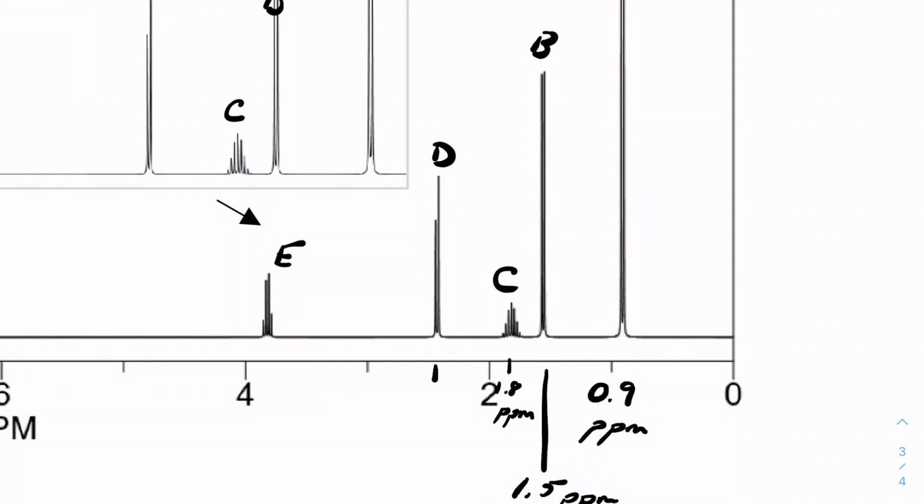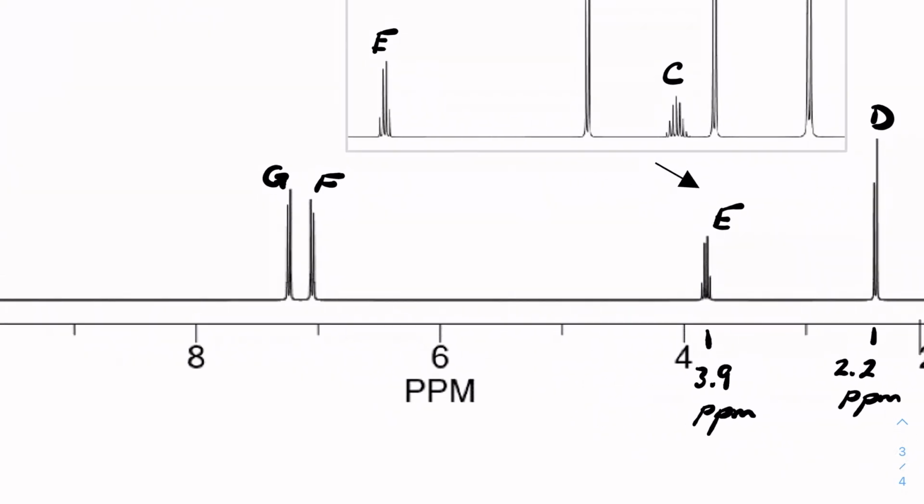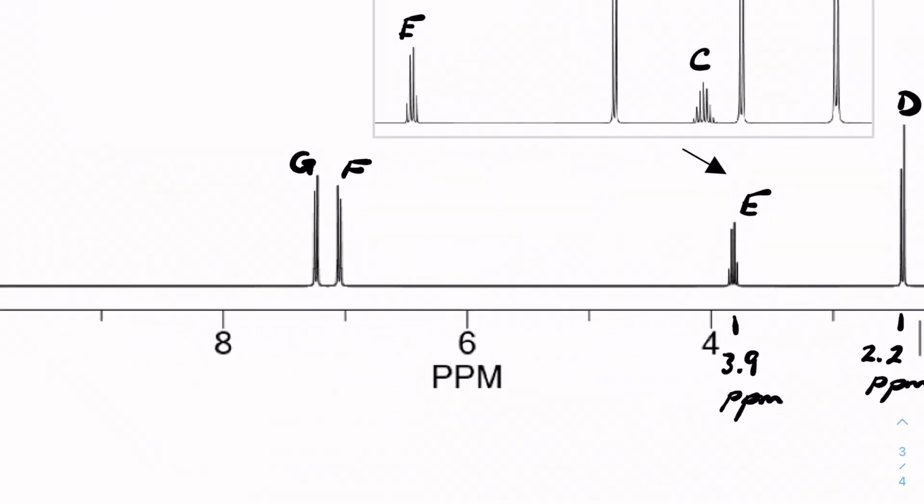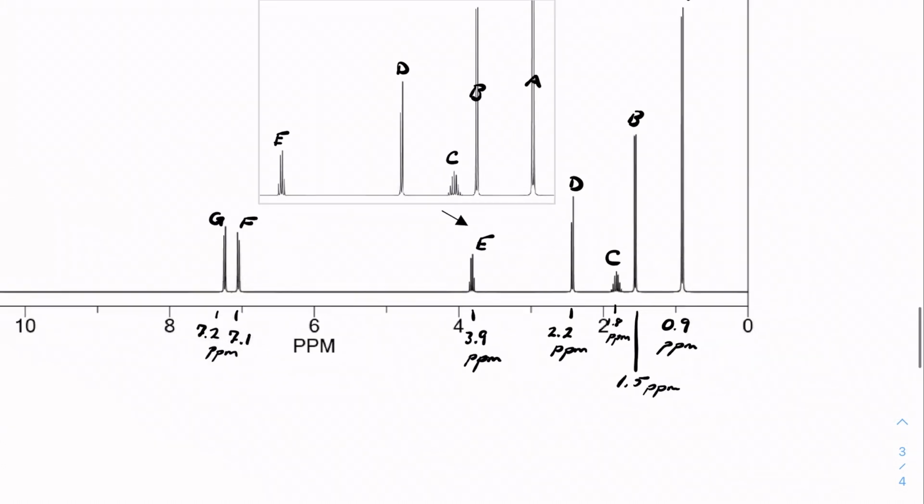Signal D is about 2.2 ppm. Signal E is about 3.9 ppm. Signal F and signal G are pretty close. This one's about 7.1, maybe 7.2 ppm. And so that's going to give us just a better idea of where everything is located. That's just going to help us better understand a little bit about what we're dealing with here.